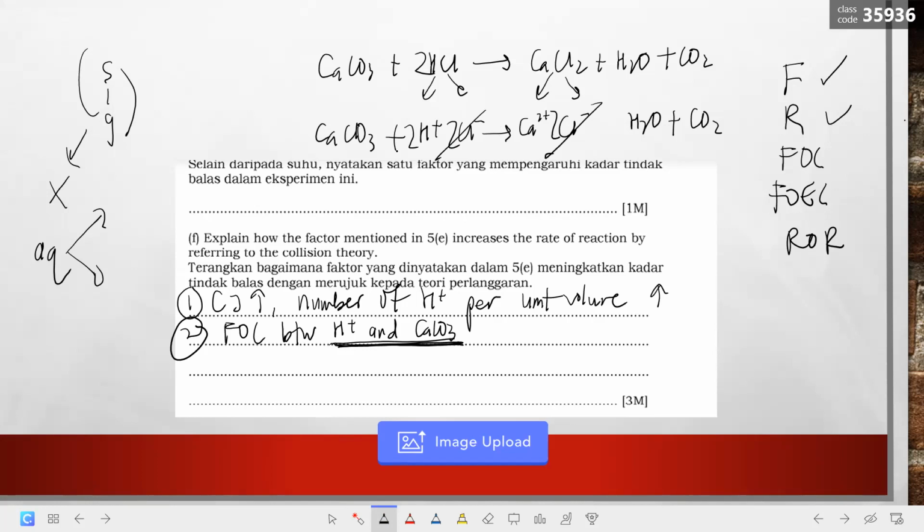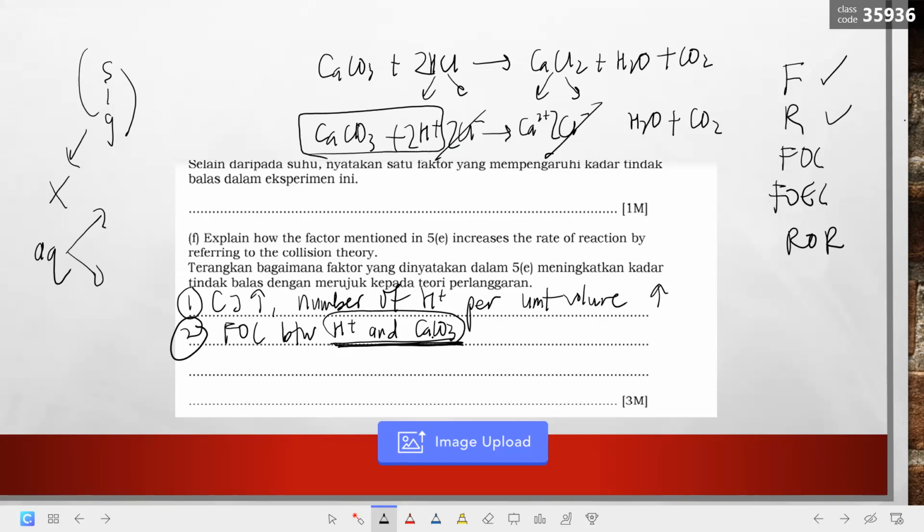What is left in my reactant? Calcium carbonate and hydrogen ions. That is why I wrote it here. So my frequency of collision is between my reacting particles, which is my calcium carbonate and hydrogen ions here. See that? You get it now?